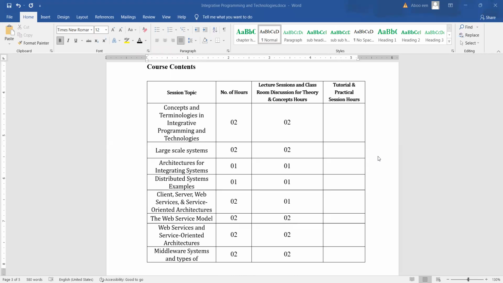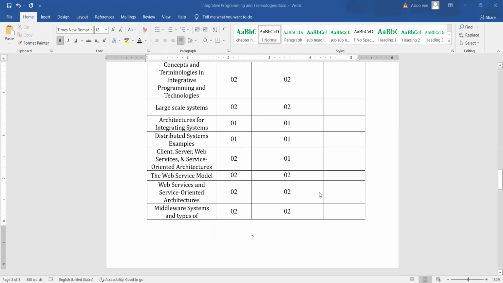What are large scale systems? And architectures for integrating systems and distributed systems. And what are the different types of examples for these distributed systems. And we will discuss client, server, web services, service-oriented architecture.